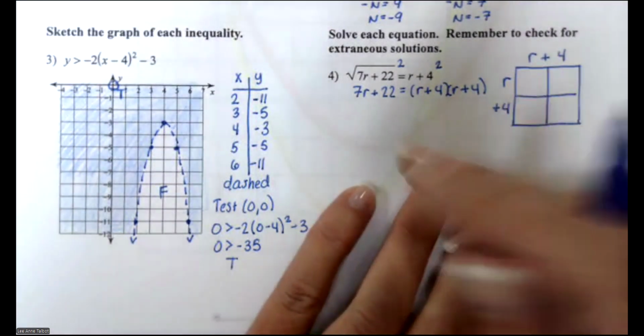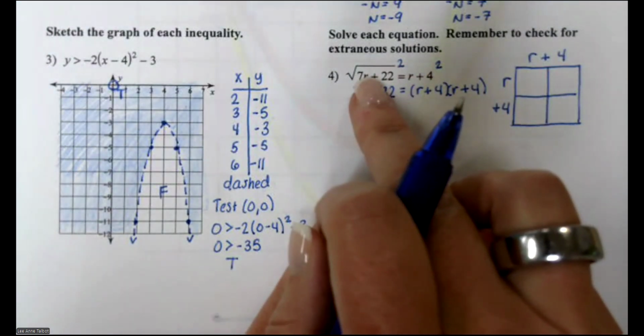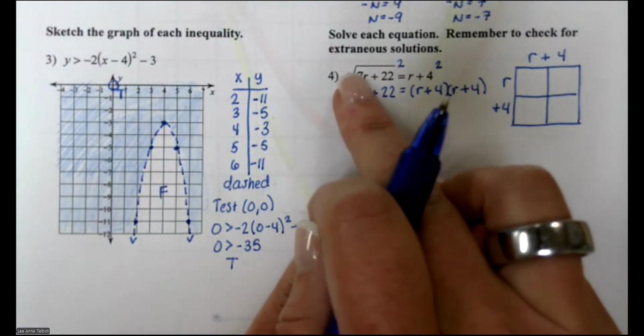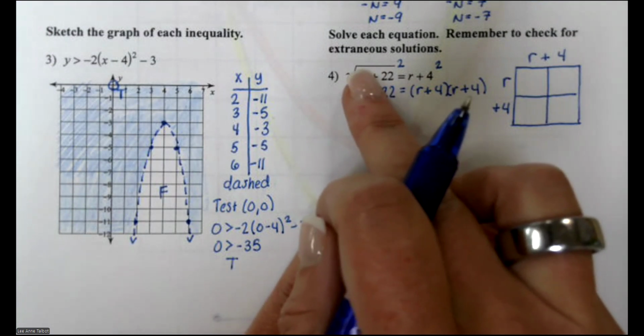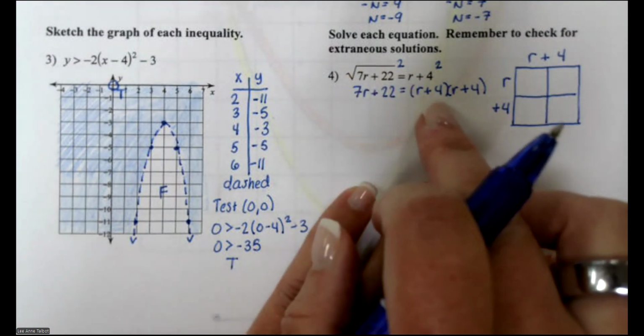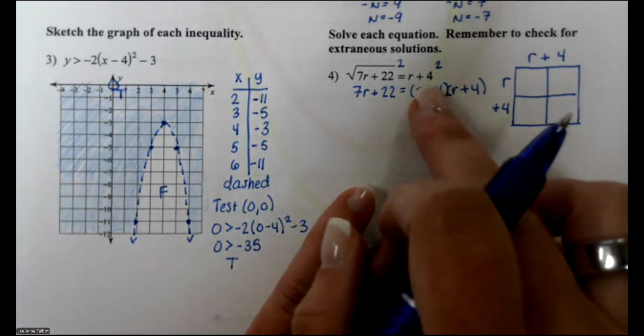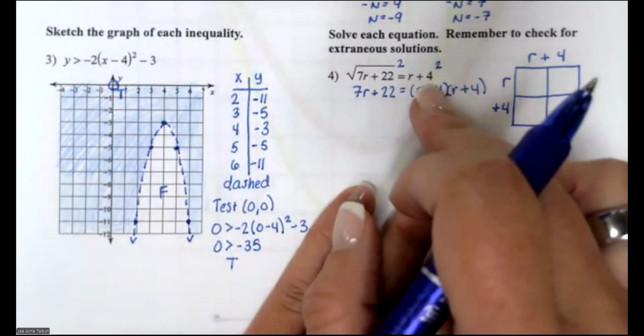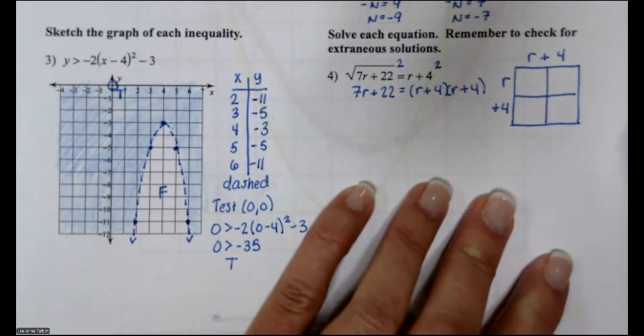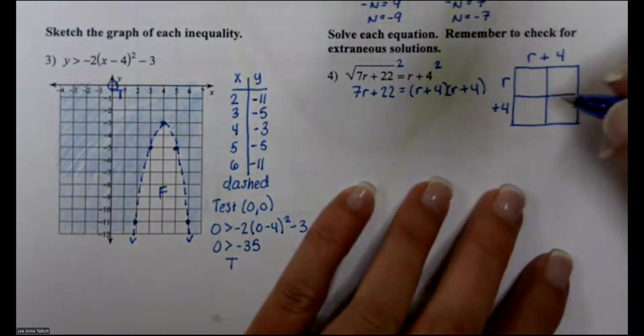So if you remember, this is like a parabola on its side, but it's only half. And this is a line. Sometimes they cross in 2 spots, and sometimes they cross in 1 spot, and sometimes they don't cross at all, which means that you have to check your answers in the end.